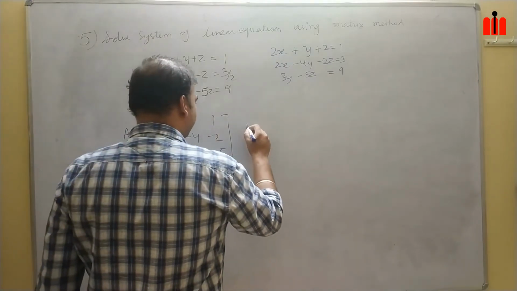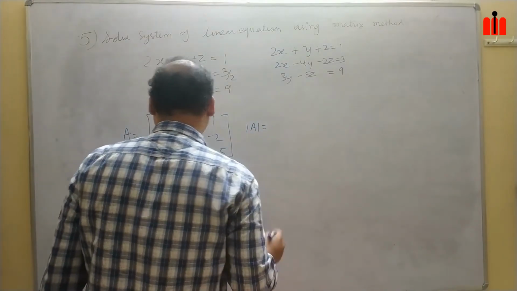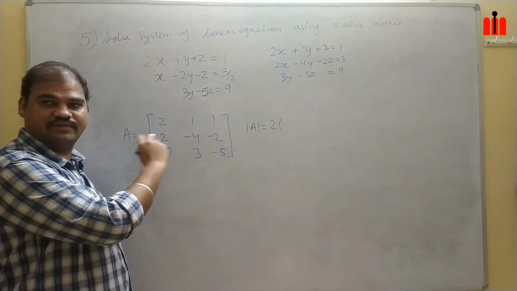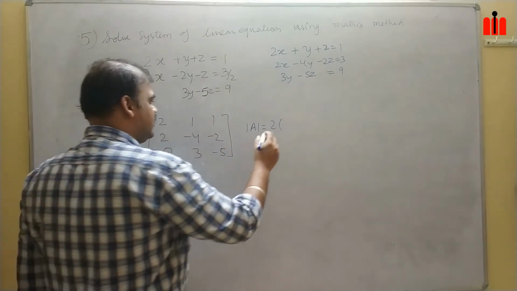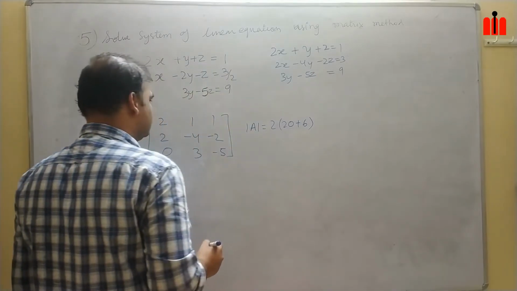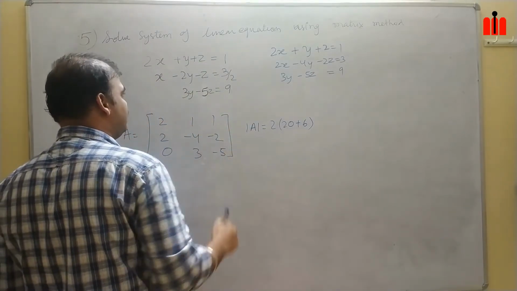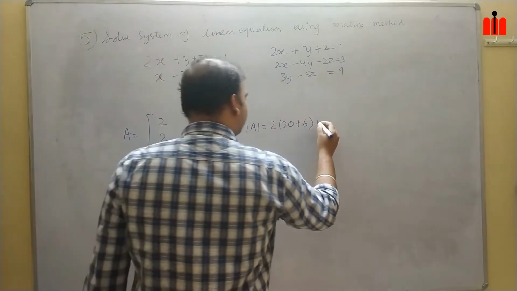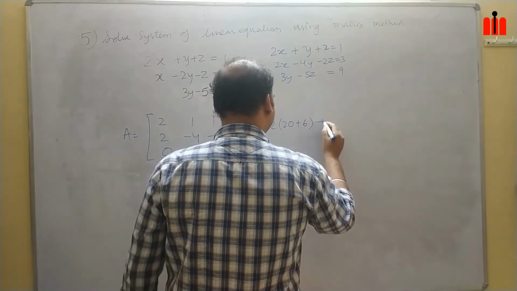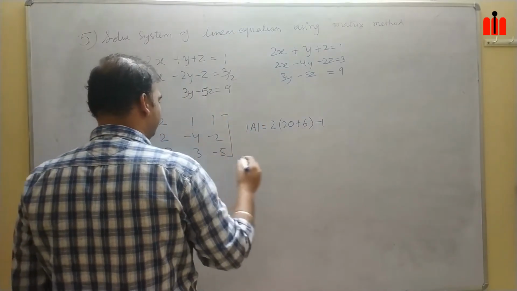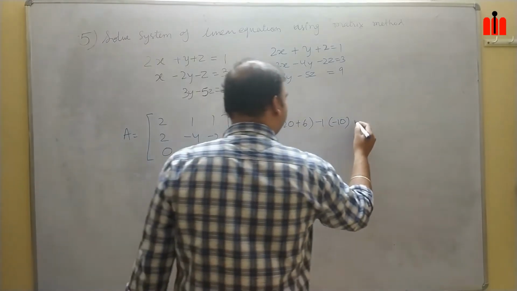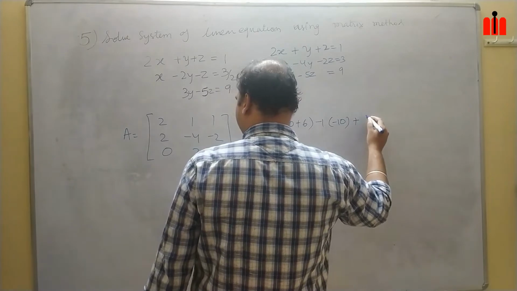What will be my det A? The determinant of A will be 2 into, I will expand through row 1, so it will be 20 plus 6. 2 into 20 plus 6, plus, sorry, minus 1 into minus 10, plus 1 into 6.